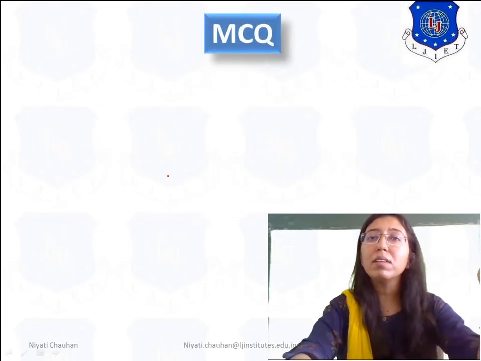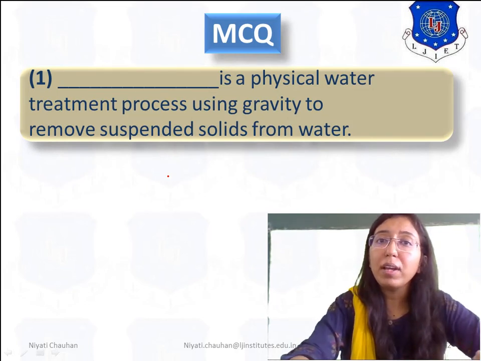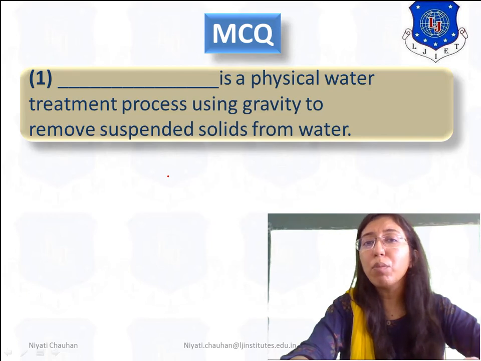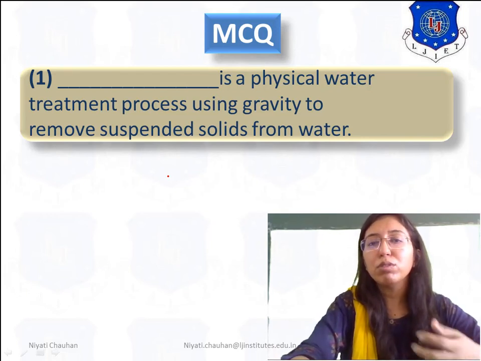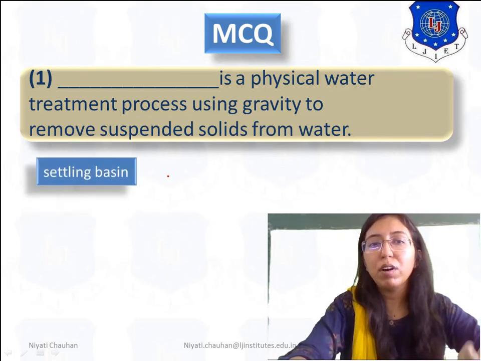Next, we discuss some MCQs. Sometimes a question can be asked: blank is a physical water treatment process using gravity to remove suspended solids from water. Which process are we using here?